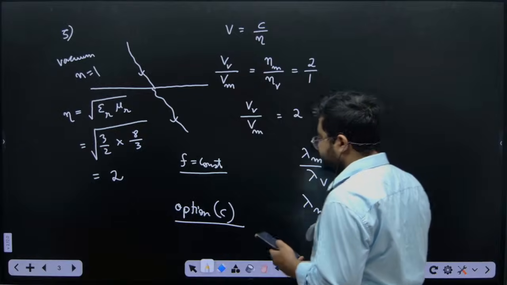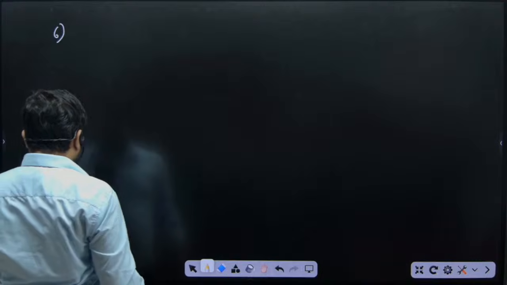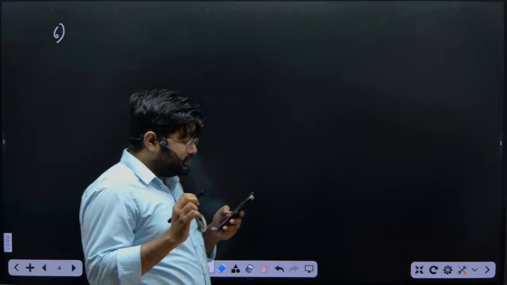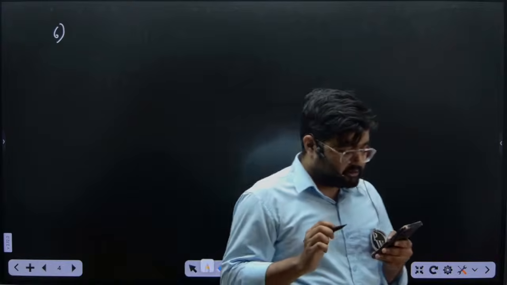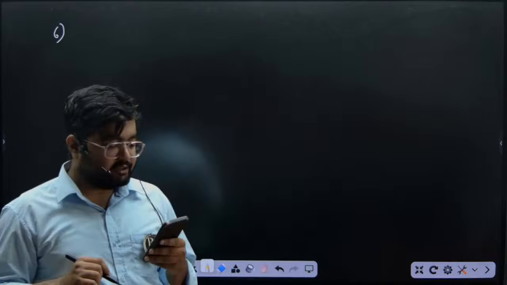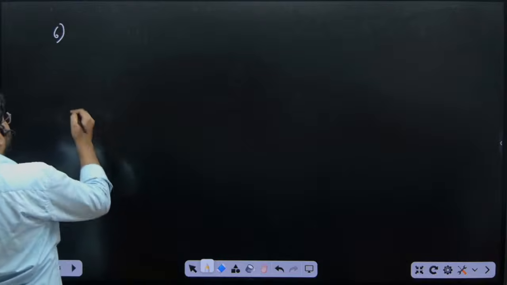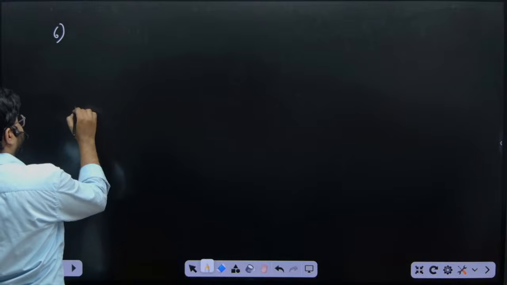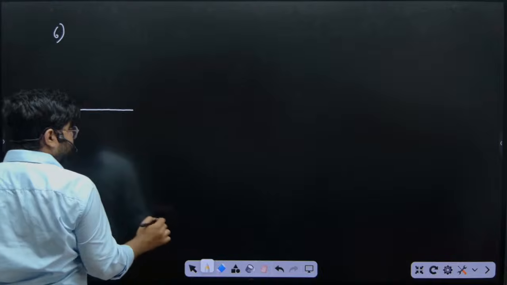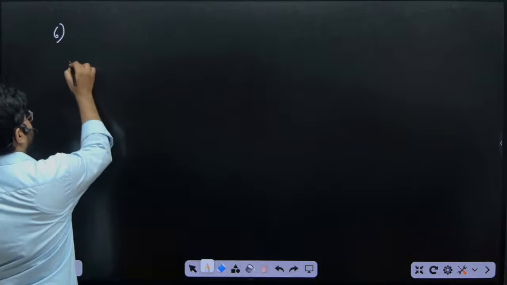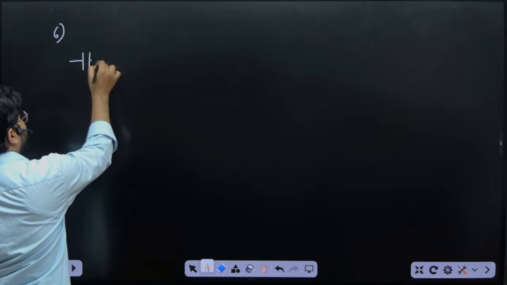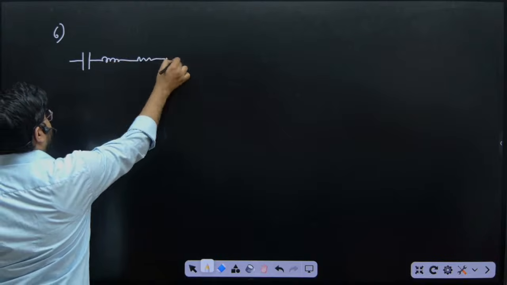Going to the next question, question number 6. In a series LCR circuit, the voltage across the resistor, capacitor, and inductor is 10 volt each. If the capacitor is short circuited, the voltage across the inductor will be? So we have this pattern of circuit.